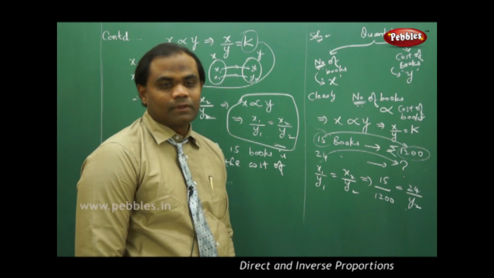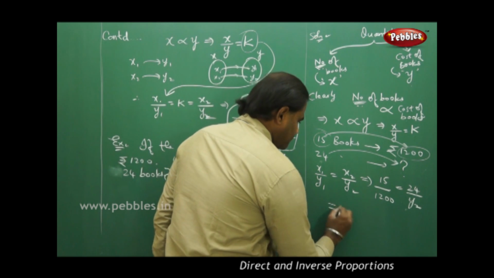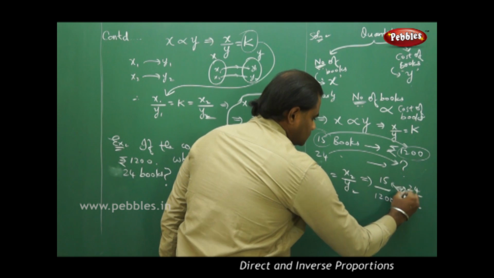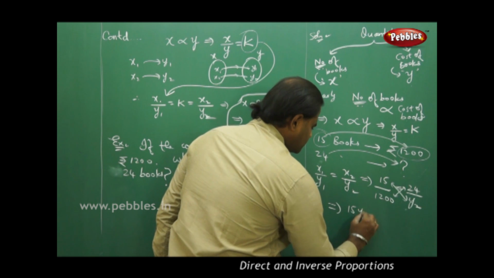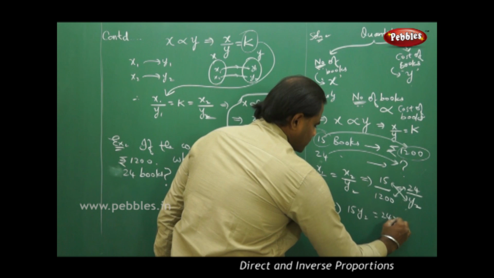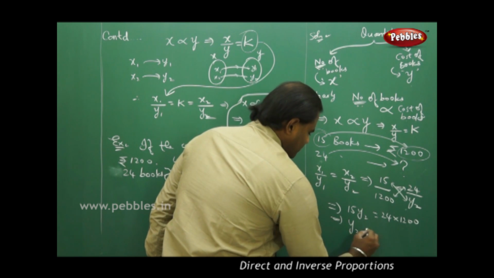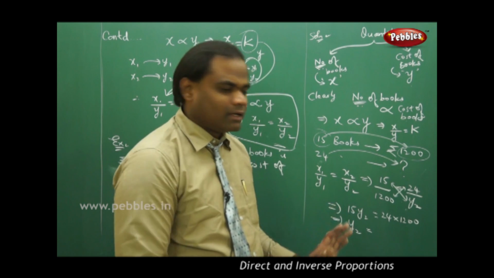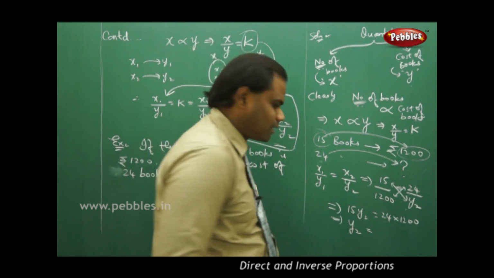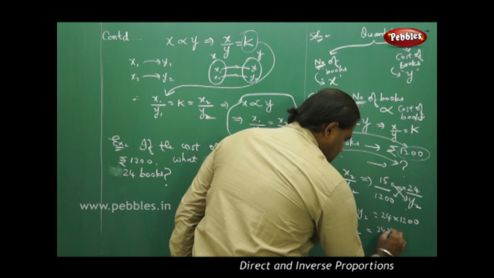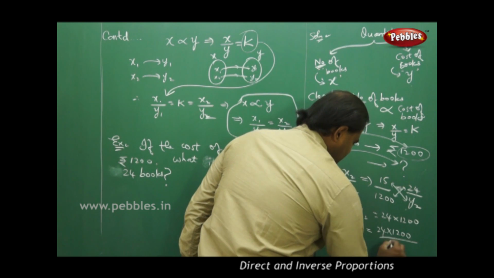When I cross multiply, I get 15 times y2 equals 24 times 1200. Taking the unknown y2 on the left side and the constants on the other side, I get 24 times 1200 by 15.